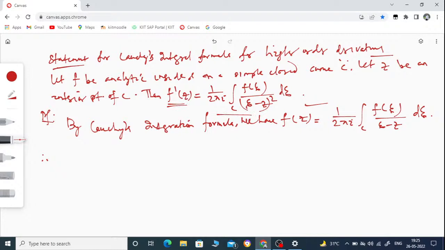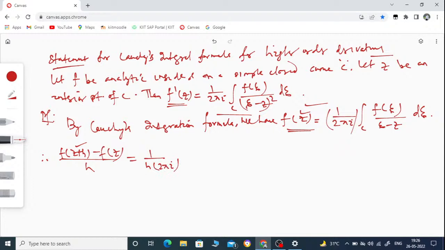So here f dash z means, suppose I consider f of z plus h minus f of z divided by h, then what will this be? This will be 1 by h, and f of z is this one. Similarly, in place of z you can replace z plus h to get f of z plus h. So f of z plus h will be 1 by h times 1 by 2 pi i.